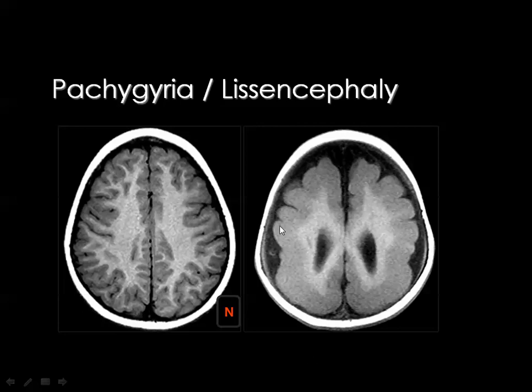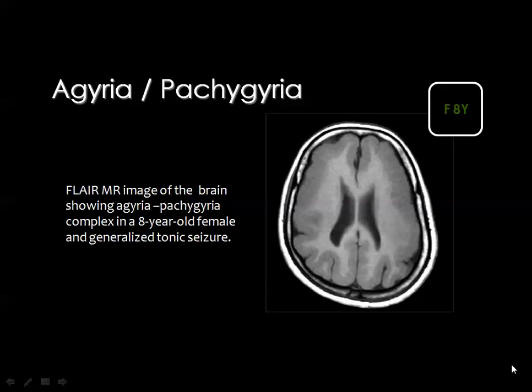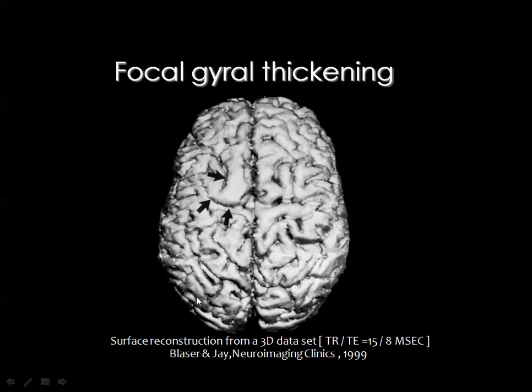And this is what we call pachygyria. Agyria means that there are no sulci or gyri, but pachygyria means that there are sulci and gyri, but they are few and very thick.